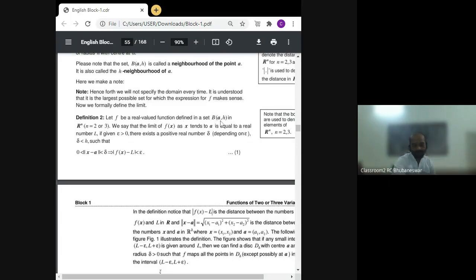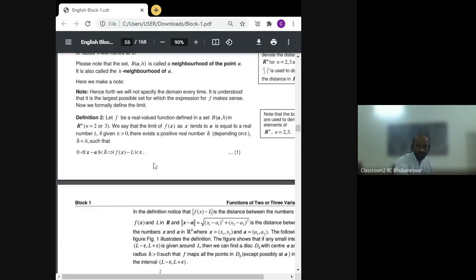So here this is a ball or open ball that is also containing a set, a subset of R^n or R to the power n, where n equals 2 or 3 according to our requirement, that means 2-dimensional or 3-dimensional. Now look at the definition of a limit when we are dealing with more than 2 or 3 sets of real numbers R.